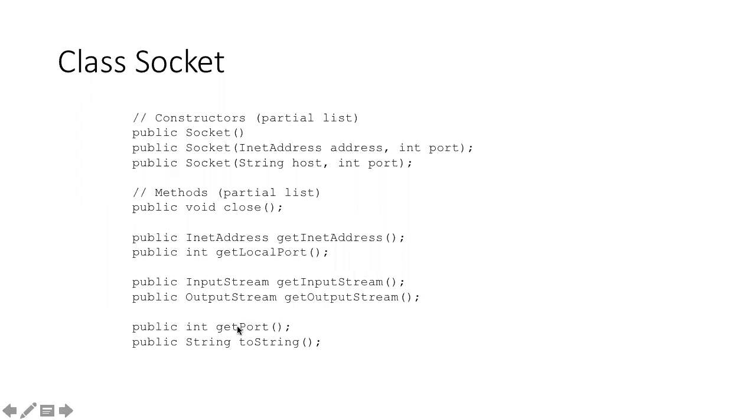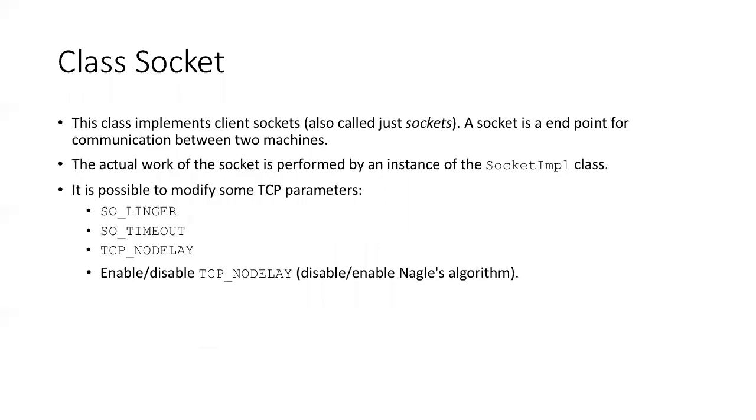You want to be able to get the port, because that's going to tell you whether or not you're listening to the right sort of phone number, if you like. And you can also convert the whole thing to a string. Everything to string is part of the java.lang.object canonical method set. Every java.lang.object has a toString method.